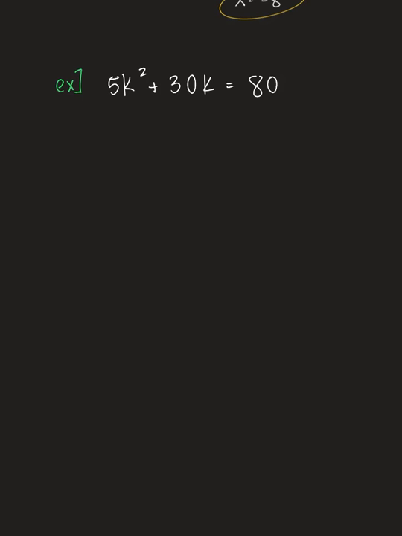The main reason is we don't have this set equal to 0. Well, we can fix that. We just have to subtract 80 from both sides. And now it looks like the previous two problems.